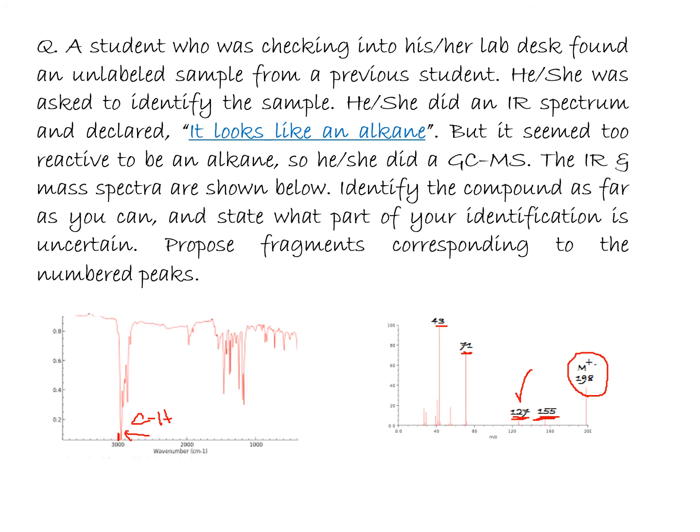Recall from the previous lecture, we mentioned that the appearance of 127 is most likely the iodine cation. 127 with 71, you take these two pieces together, they form 198. 155 with 43, another two pieces for 198.